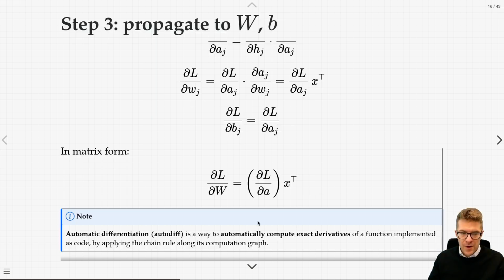So automatic differentiation, or autodiff, which will come up again a few times, is a way to automatically compute the exact derivatives of a function like this one, implemented as code, like we saw a moment ago, using summations over children, by applying the chain rule along a computational graph.